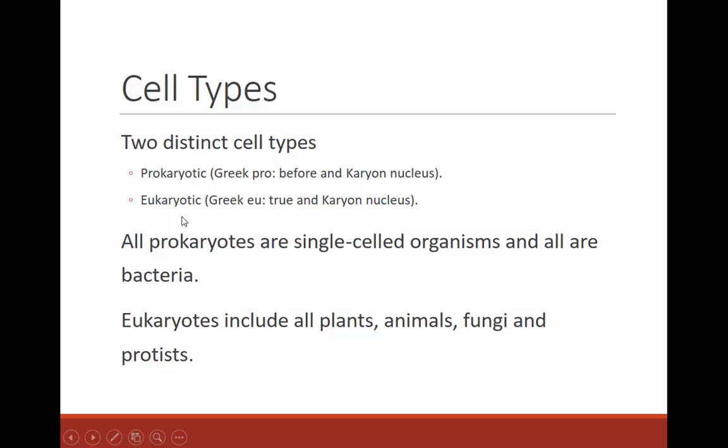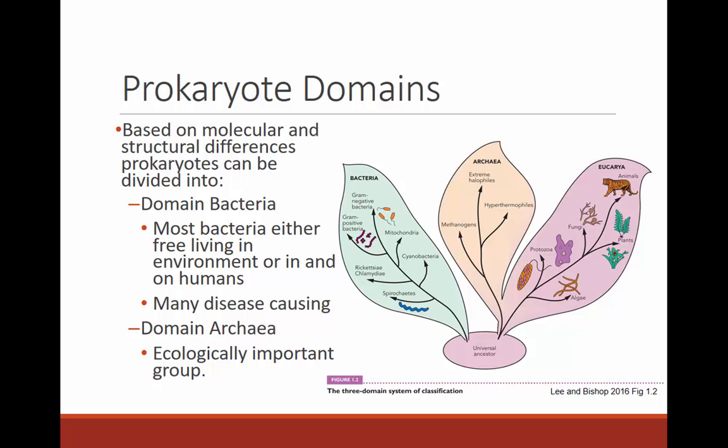But the eukaryotes do. They've got a definite nucleus, okay, and that's where the chromosomes are kept there. So all prokaryotes are single cell and all are bacteria. And eukaryotes are plants, animals, fungi, protists, so they're much more complex.